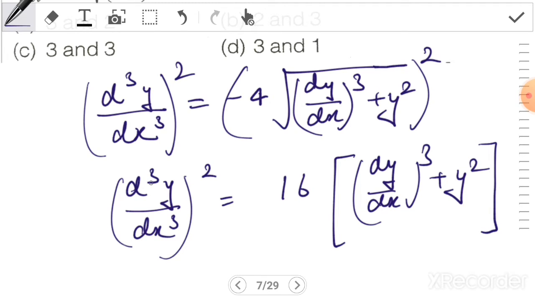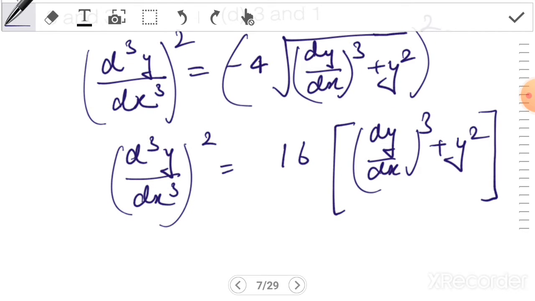The order is 3 since the highest derivative is d cube y by dx cube. So the degree is 2 since the power of the highest derivative is 2, right?